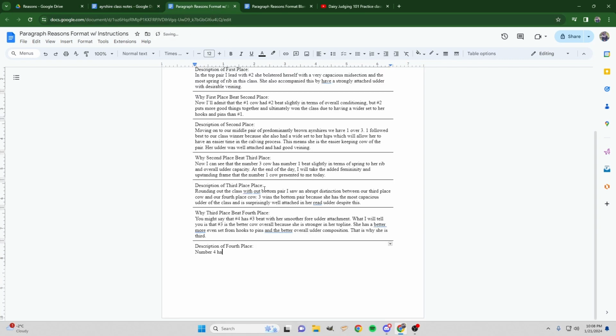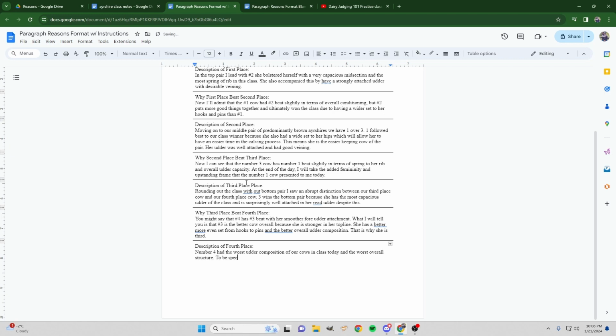Number 4 had the worst udder composition. I remembered the O this time, but I forgot some other stuff. Had the worst udder composition of our cows in class today, and the worst overall structure.